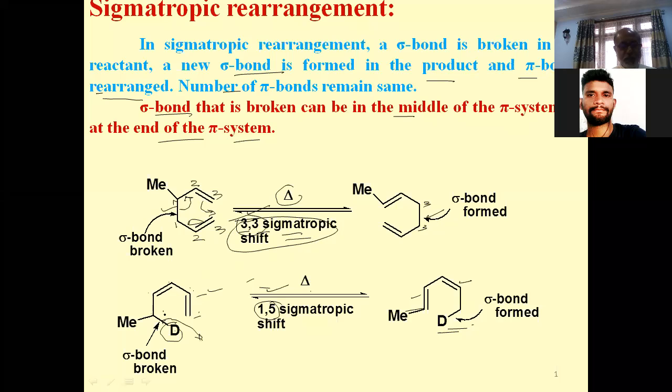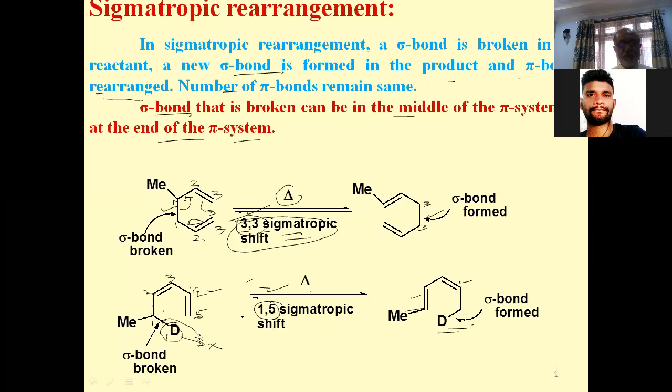In this case, which bond is breaking? This bond is breaking, so this is 1, this is 1. After this one, we don't have any more atoms, so there is no 1, 2, 3. After 1 it stops because there is nothing more. But here we have to continue up to that pi system: 1, 2, 3, 4, 5.